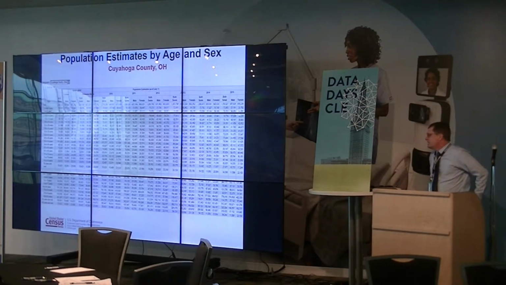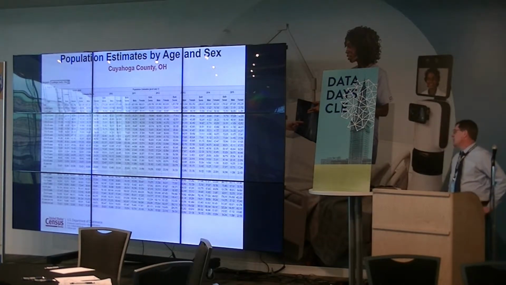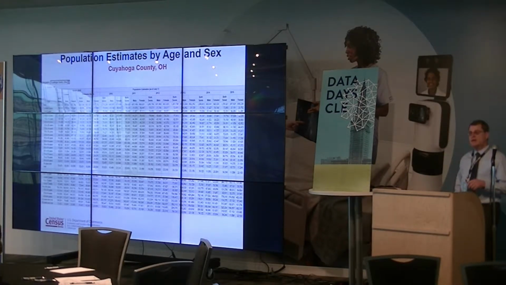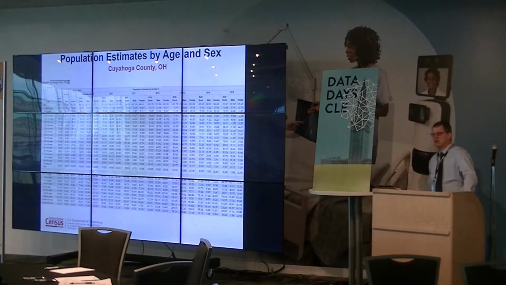You'll probably have a hard time seeing this. This is the population estimates by age and sex for Cuyahoga County. I just wanted to show you how they're laid out. You have all the different age groups on the left-hand side, and you've got them from April 2010 to 2015 by sex.